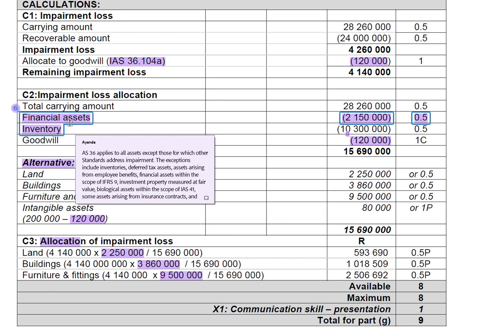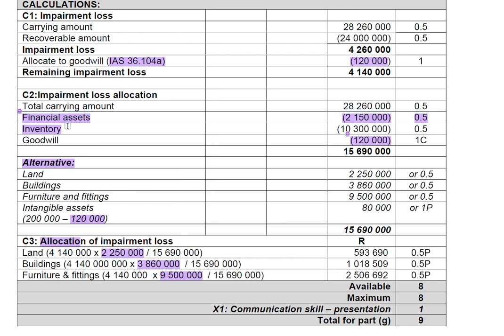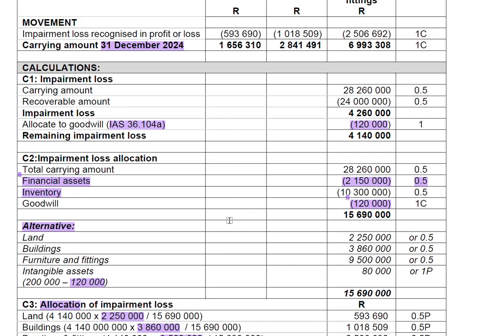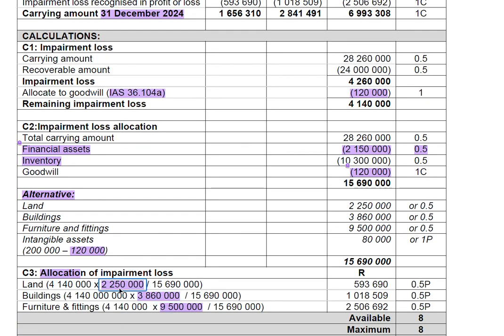That means when you are allocating the impairment, you should not allocate to those two assets. So those are the errors that you would potentially have made. And the last error is that when you are doing the PPE note, you would have brought in this amount and not calculated the impairment, and you would have lost all the marks for not calculating the impairment. So those are the important things that you have to take into account.